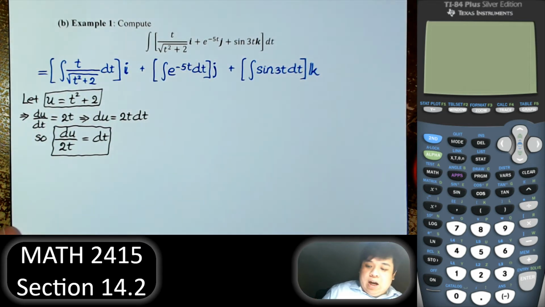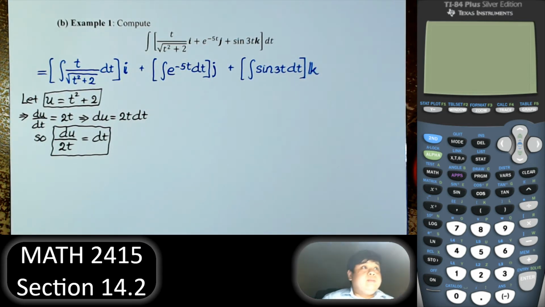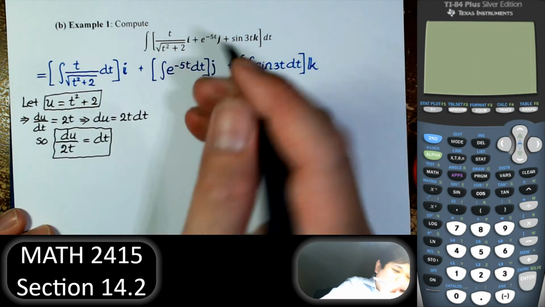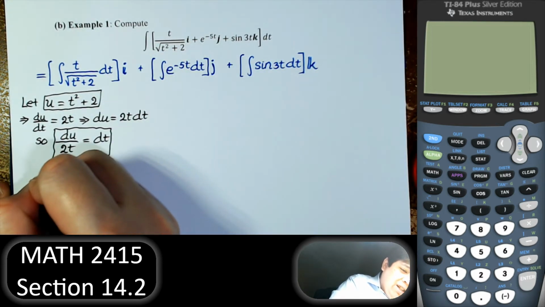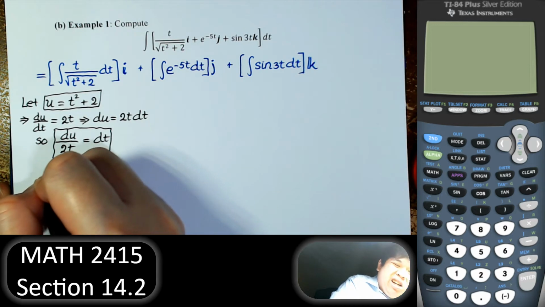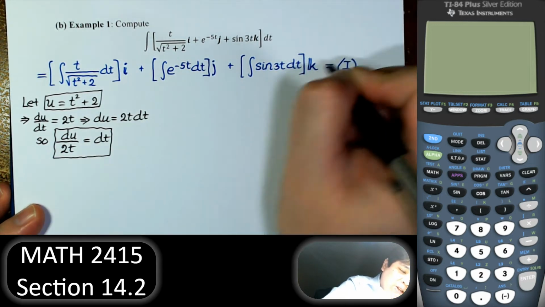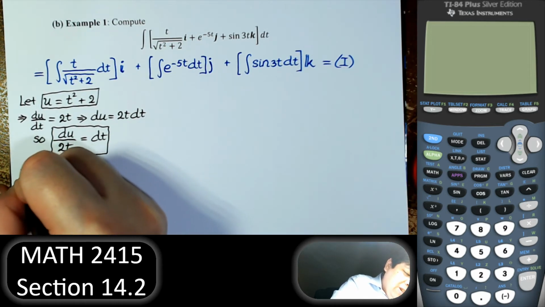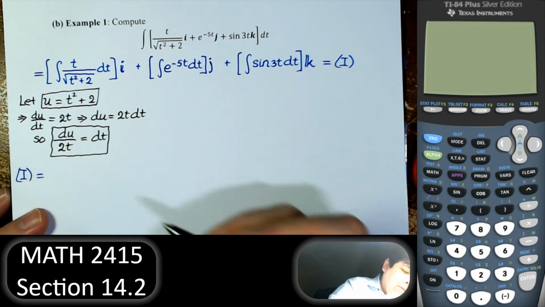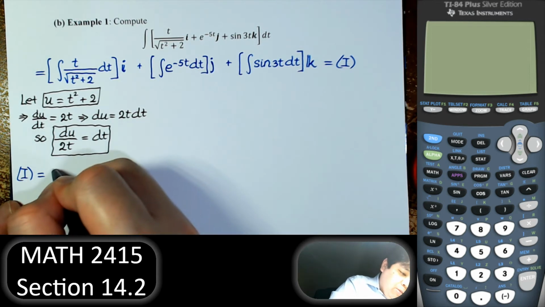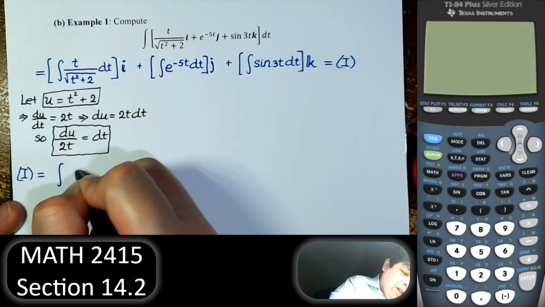So we have u and we have dt. Let's substitute into that. Like I said, we worry about the orders later. If I write equal here, kind of awkward. So let's say this is equal to the integral I. Right. So now we have the integral t on top.